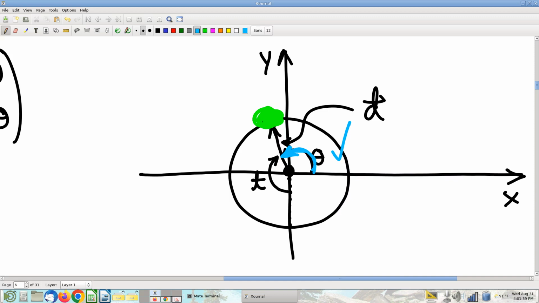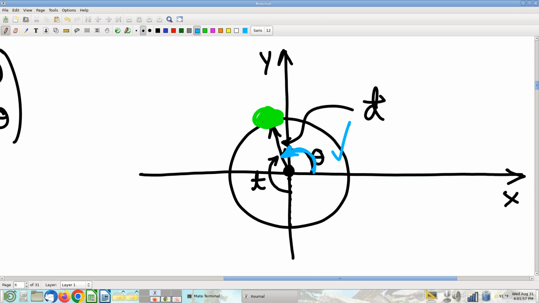Seeing them both crisply on the picture, what you can see, and I think this is a pretty easy pitch, is that as t increases, theta decreases. And in fact, they always add up to 3 pi over 2. Right?